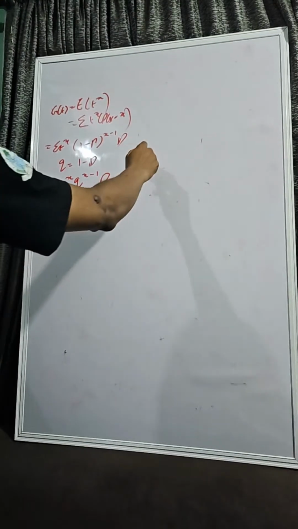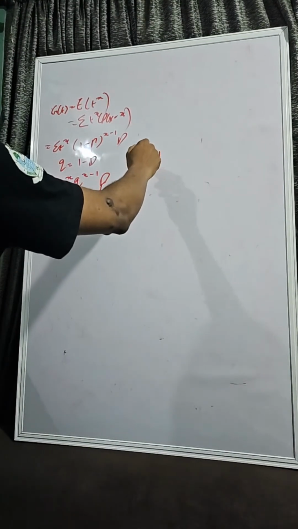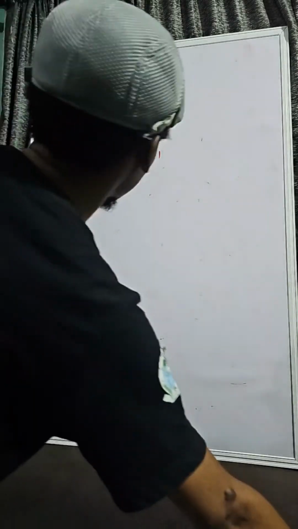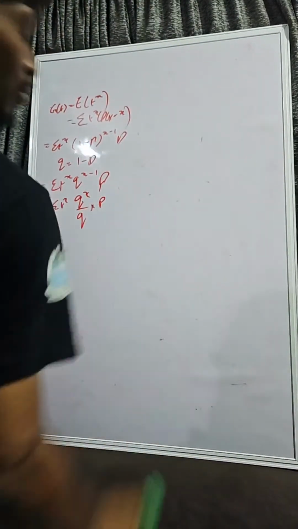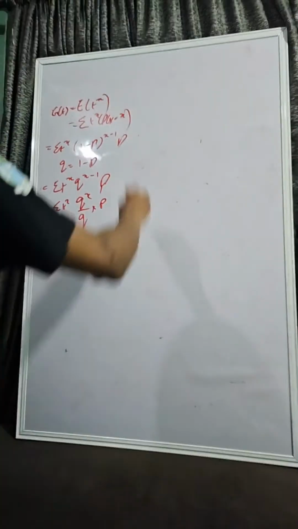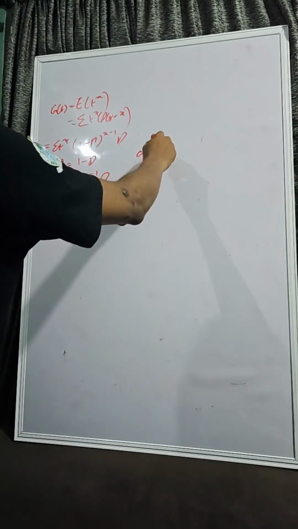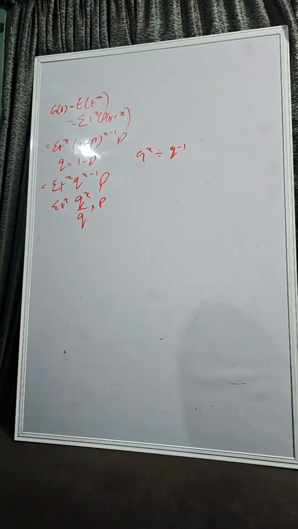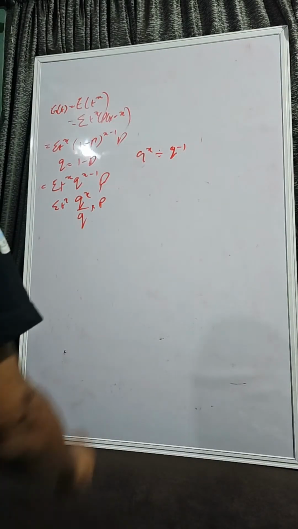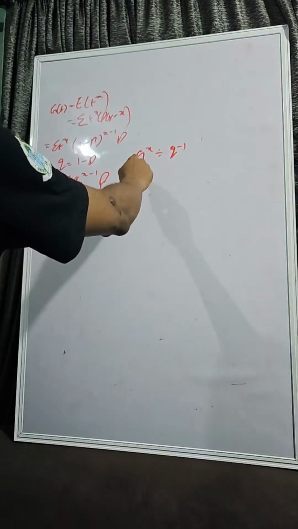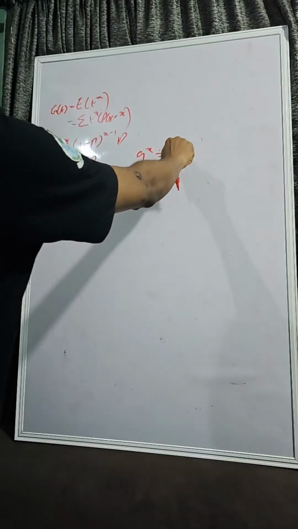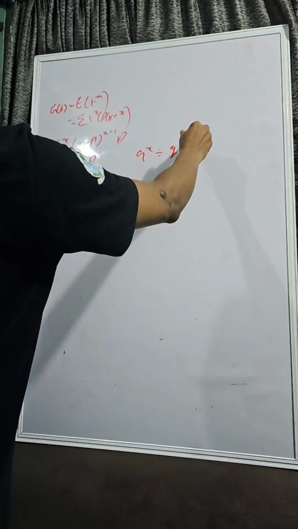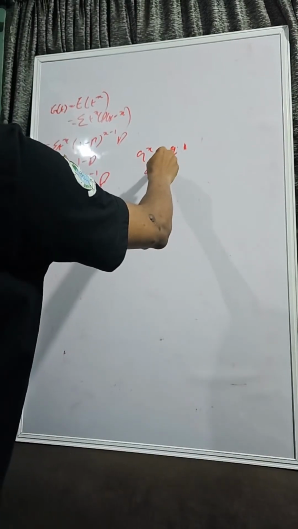From the rule of indices, when you have q to the x divided by q raised to 1, it's the same thing as q to the x minus 1.